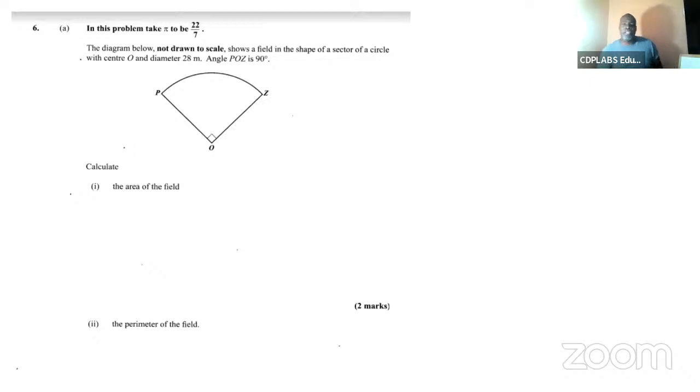You must first find the area of what? This is where the maths comes in now. You have to think it out. You must first find the area of the what?